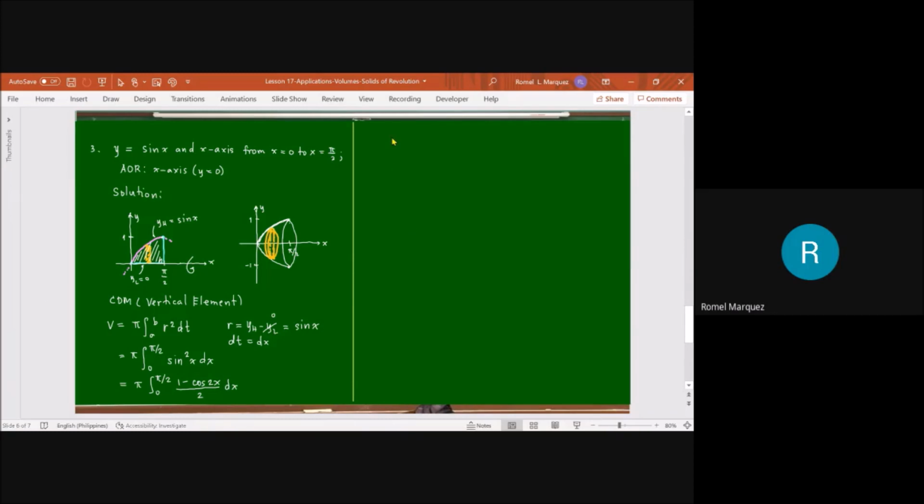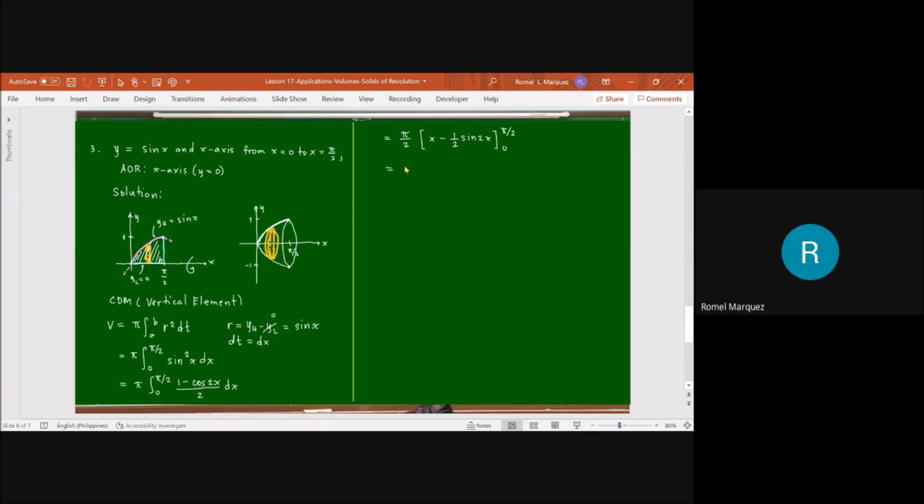So that is equal to pi over 2 times the integral of 1 dx is x, minus the integral of cosine 2x is 1/2 sine 2x, evaluated from 0 to pi over 2.